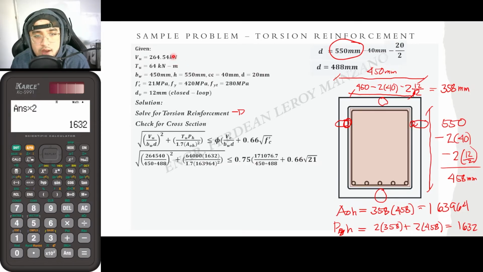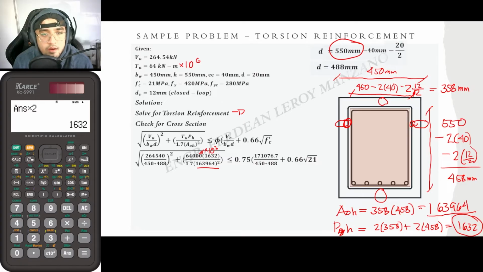But take note once again that this must be, oops, sorry, my mistake, multiplied by 10 raised to 6 in order for us to convert it into newton millimeter. So this is 64 million, times 1632, divided by 1.7 times 163,964 squared. And this must be less than the equation on the right.